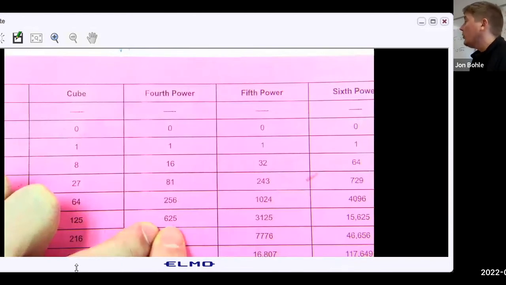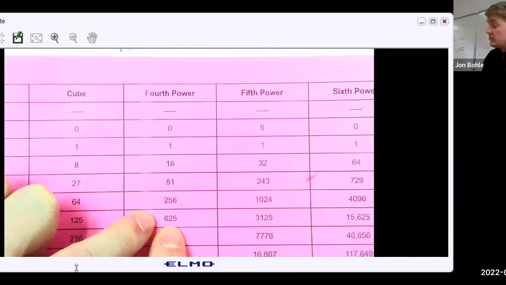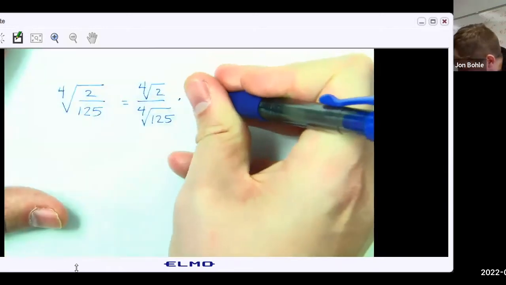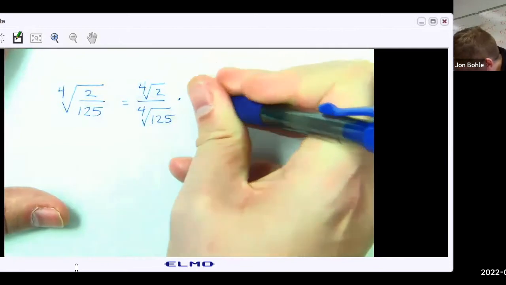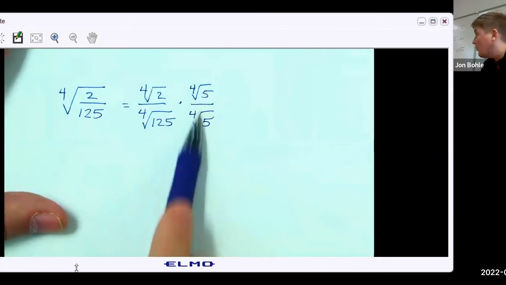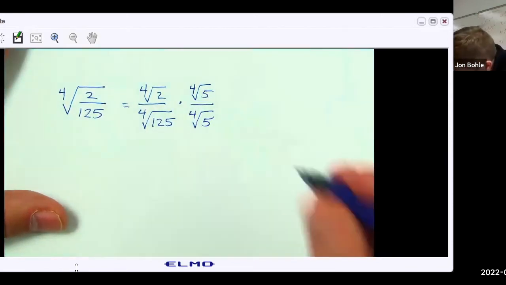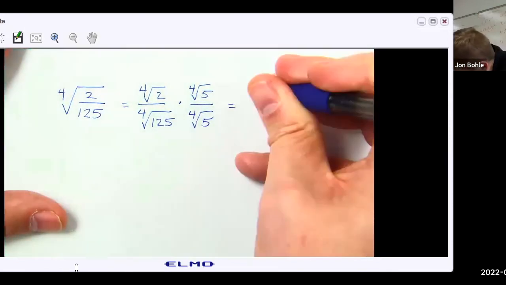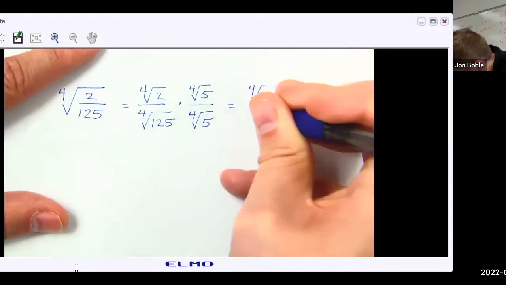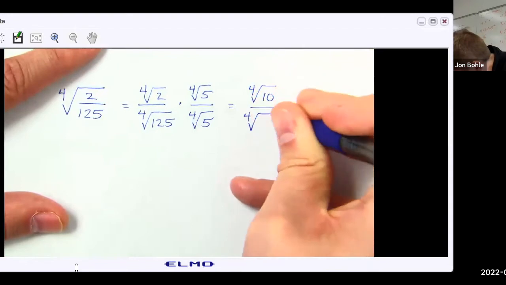Yes. I can multiply it up to become 625. Since I have to multiply that by 5, I have to do the top and the bottom, because then this becomes 1. This is now the number 1, and I'm not changing value. So I multiply straight across, and I get the 4th root of 10 over the 4th root of 625.